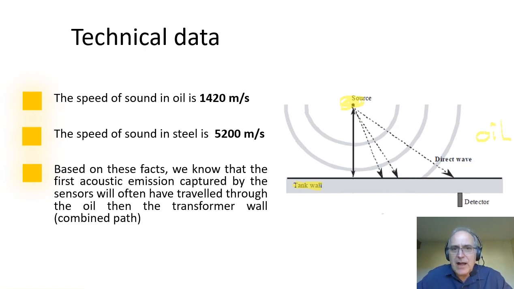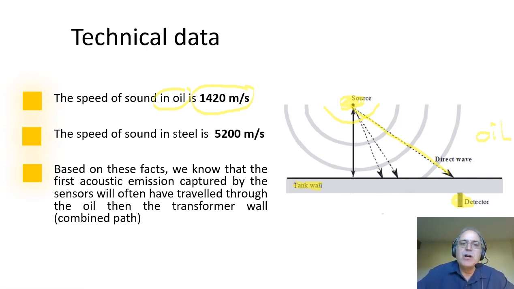As the acoustic pressure wave travels in oil, it runs all the way to the sensor here, the detector over here. This is one acoustic sensor of the AE-150. But this path is only traveling in oil, at 1.4 kilometers per second. So it takes a second to travel 1.4 kilometers. That makes no sense for a transformer, but you get the concept.